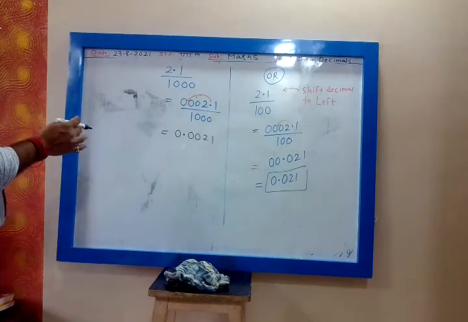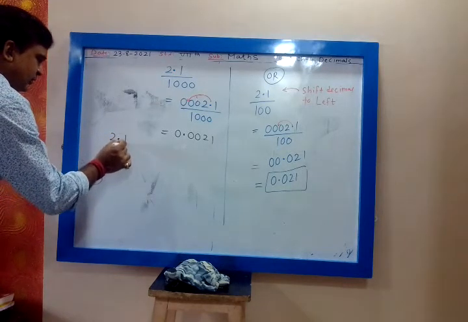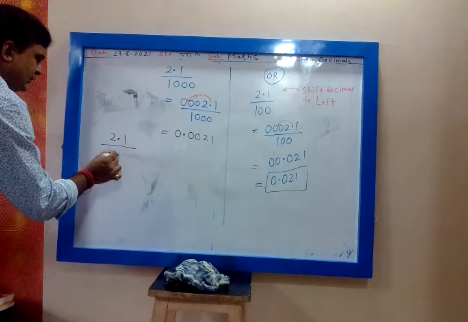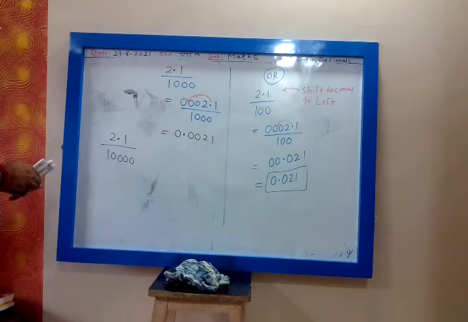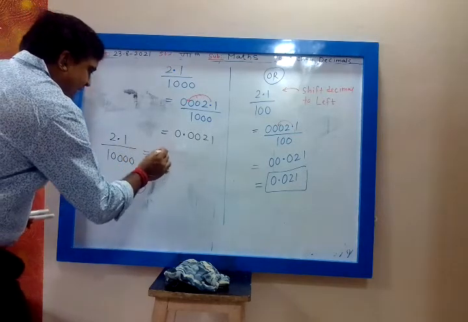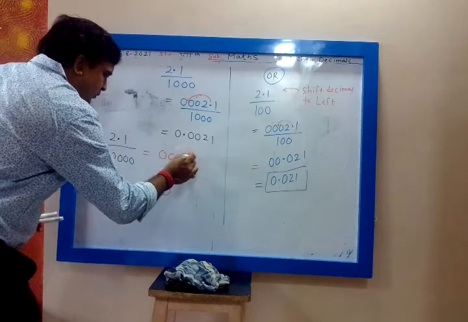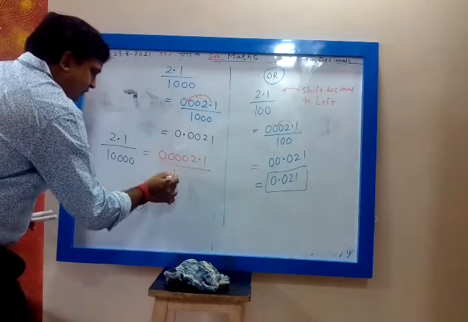This is 1000. Okay. Now we have to divide 2.1 by 10,000. Chalo. So this is 10,000. There are 4 zeros, so add 4 zeros. This I can write 0.000, 2.1 divided by 10,000.